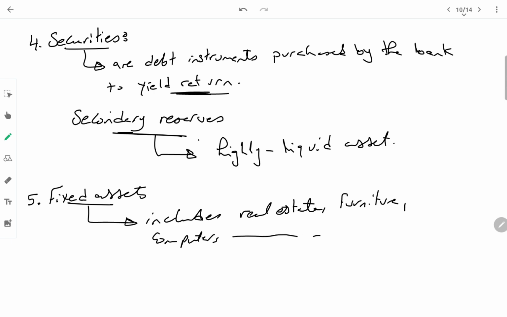This is the asset side of the balance sheet. Now we are going to move on to the liability side, or sources of funds.